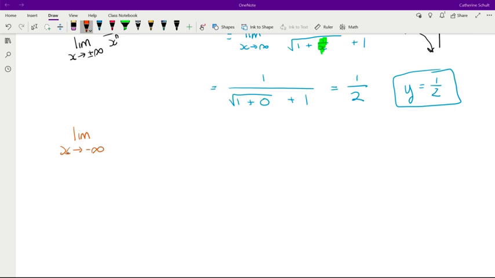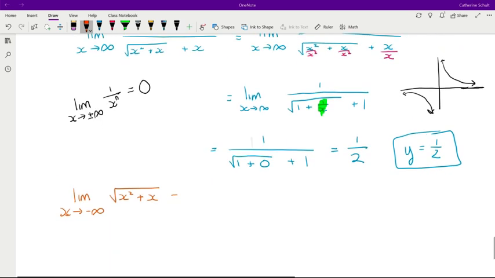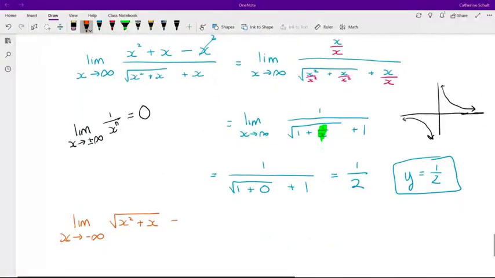And it's going to be the same process for the most part, but it's going to be a little bit different because we're going to negative infinity now. Forgot my original function, minus x. Okay, so same thing as before.